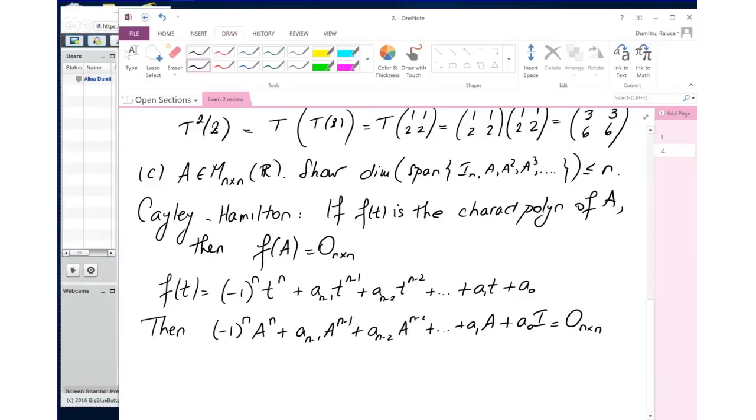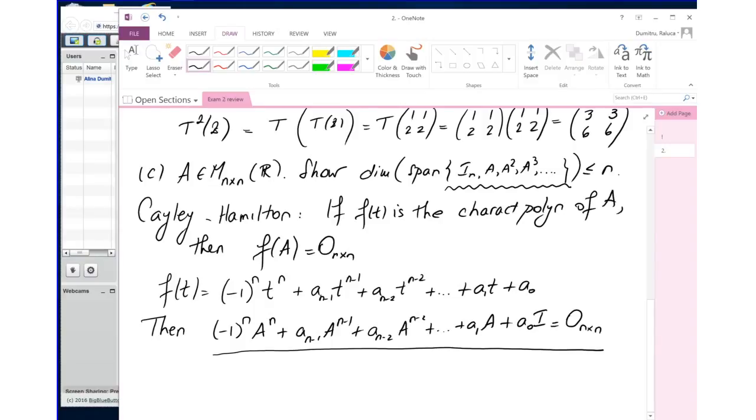Okay. And now, how can we use this in connection to that set? It is in the span of that set, correct, but the idea is, in order to show that a dimension is less than n, we have to show that in the set inside the span, I can basically eliminate everything after n elements.